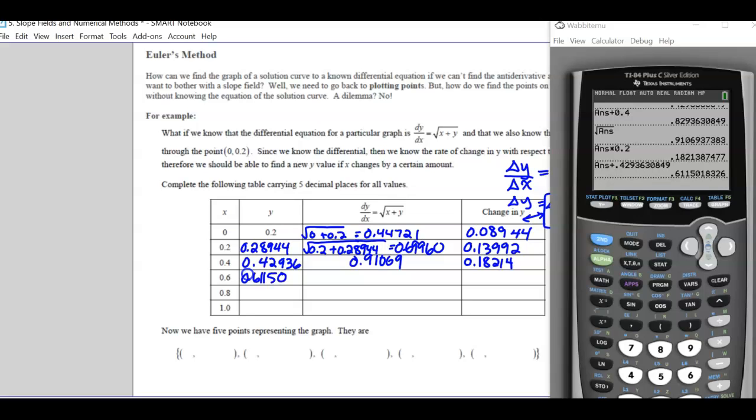And then from there, add 0.6. There's that. 0.2. The previous y value.